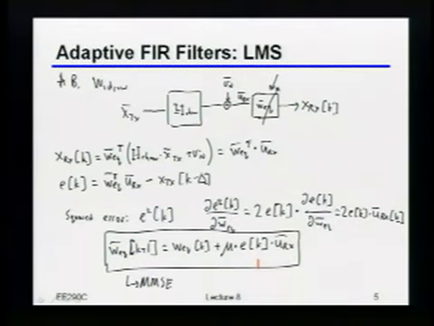Because that error and the input to the equalizer both contain the noise, you're including the effect of the noise. If the noise was too large, your errors would also get larger, and when they got larger, you'd see that they were correlated with the input of your equalizer. So this does indeed converge to the MMSE solution. Does that make sense to people?